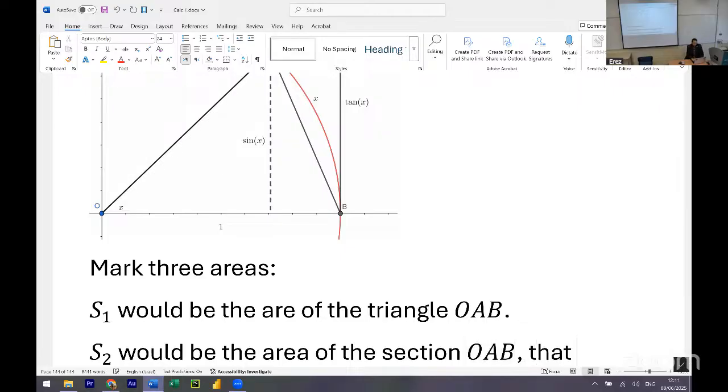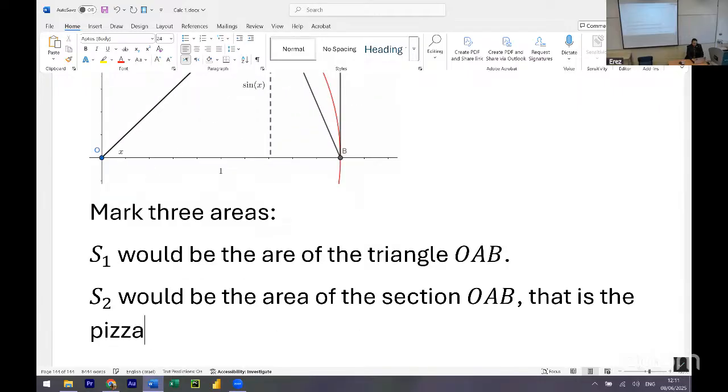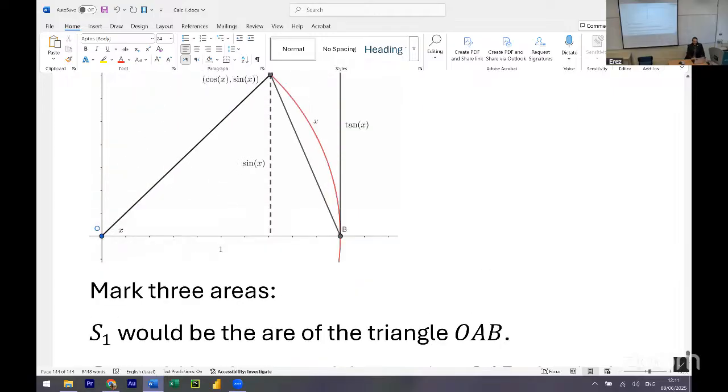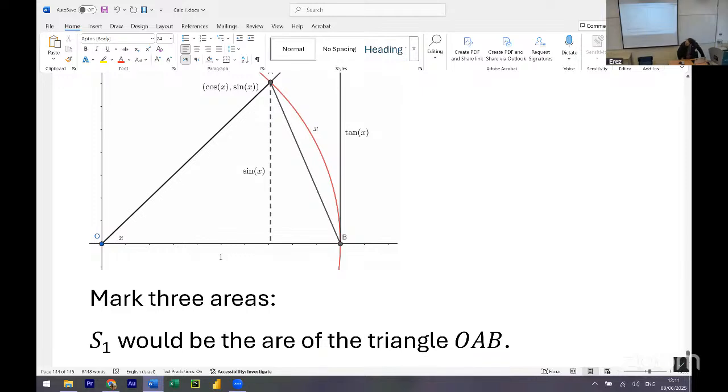That is the pizza slice with the crust. Okay, if you're looking at the pizza slice OAB, then the section, in Hebrew Gizra, would include that part here, which is the crust of the pizza. Okay?